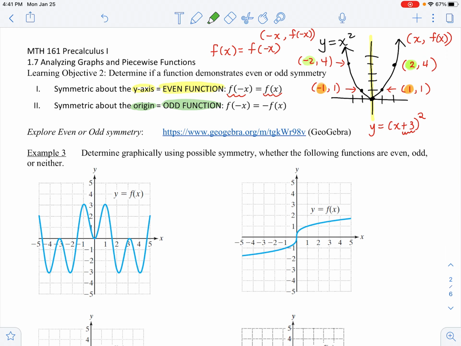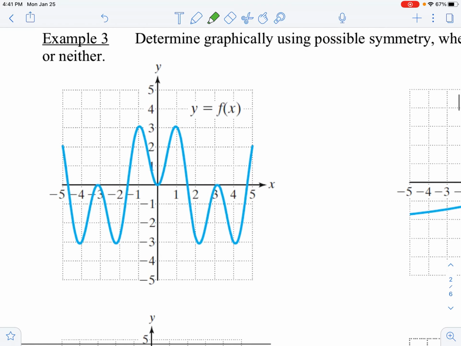That's why I like to do these algebraically. But in this short video, I'm just going to go over 6 graphs, and by just looking at the symmetry, we will determine if these are graphs of even or odd functions. Okay, the first one, what do you think?